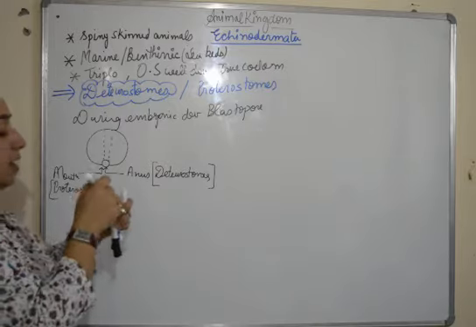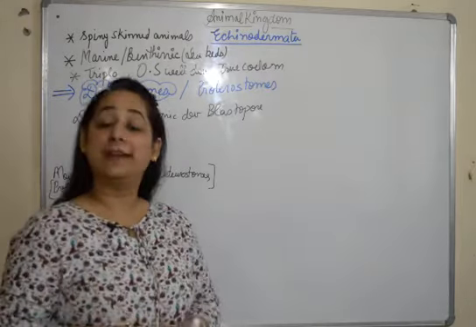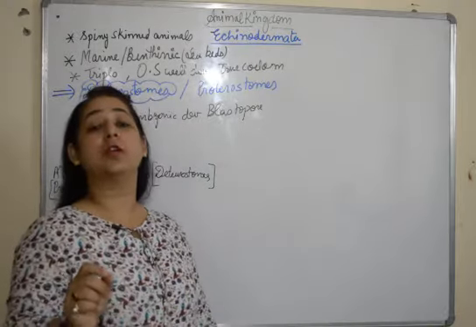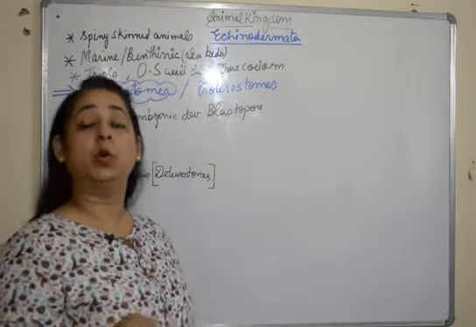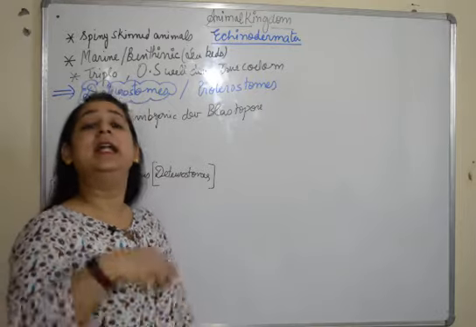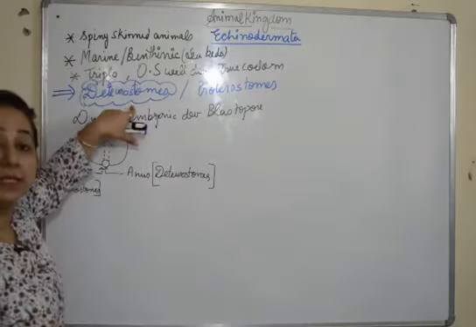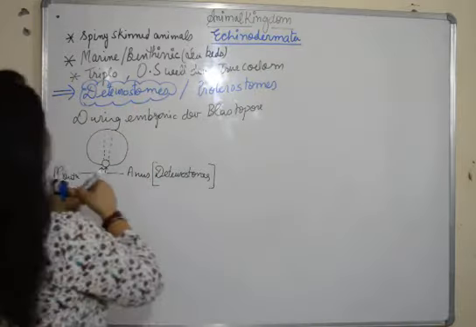Very important that first of all you must know that echinoderms are deuterostomes in nature. Now what are deuterostomes? Deuterostomes are the organisms wherein the blastopore during embryonic development gives rise to an anus. Now which organisms come under deuterostomes? I'll write it here.